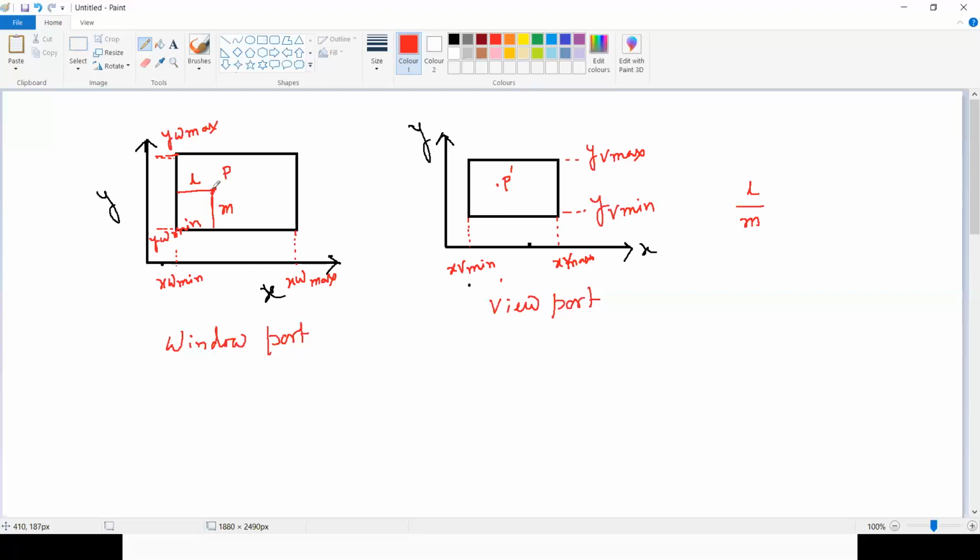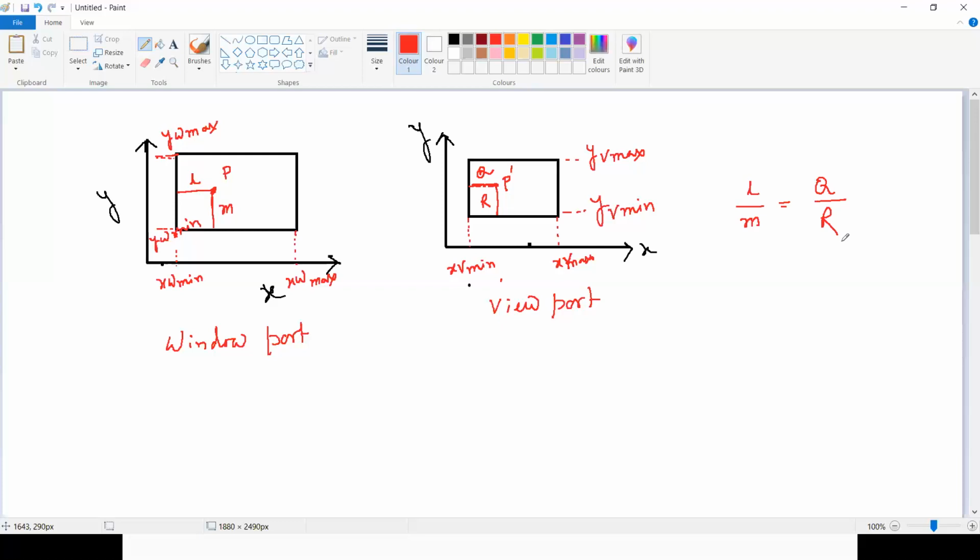So while we project the point P to the position P dash, say this point P dash is Q units away from the XV min and R units away from the YV min. Fine. So this ratio should be the same as Q by R.